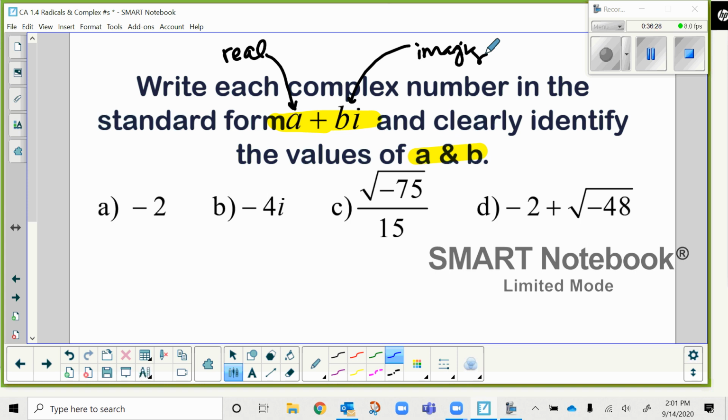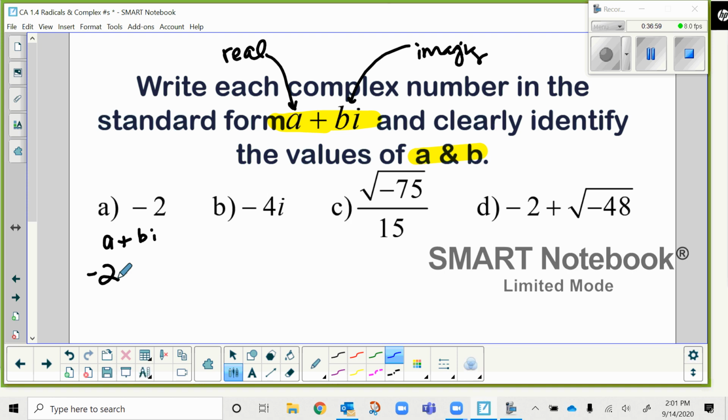So I'm trying to write this as a plus bi. The -2 goes where the a is. There is no imaginary part to -2. How do I know that? Because there's no i anywhere. How many i's does this number have? 0 i's.